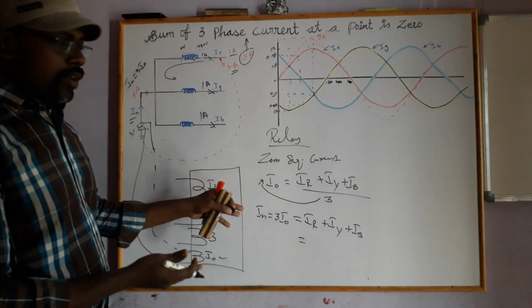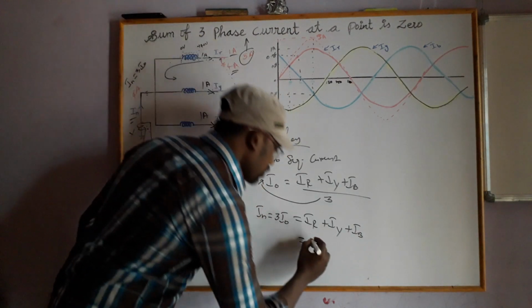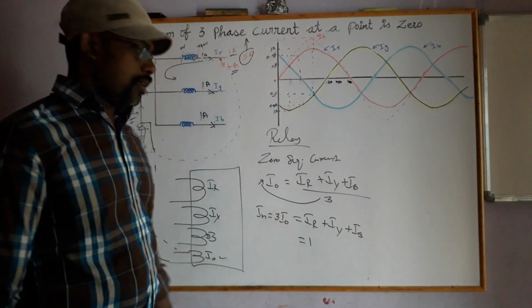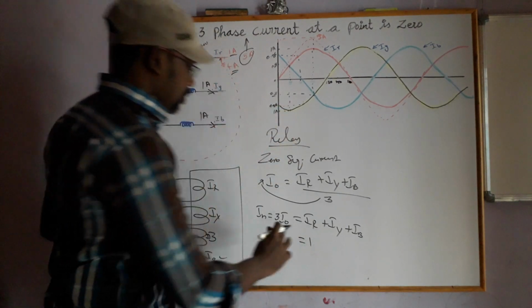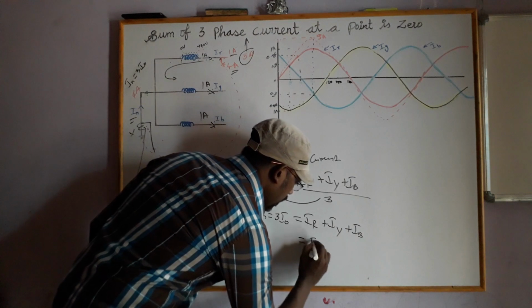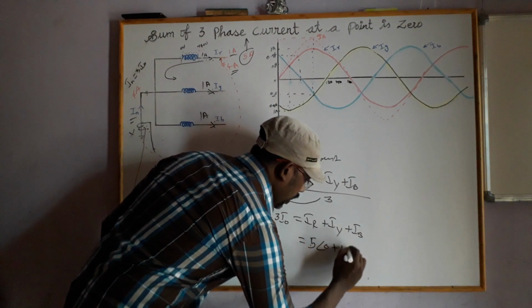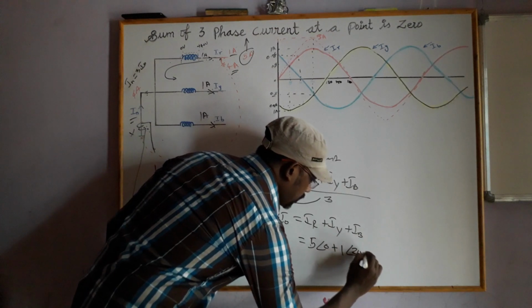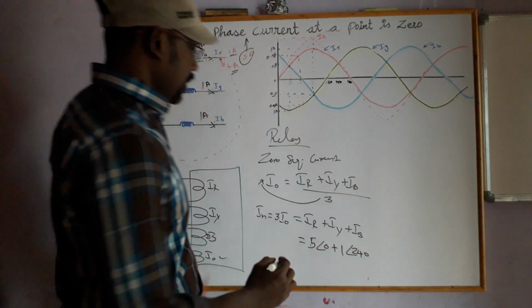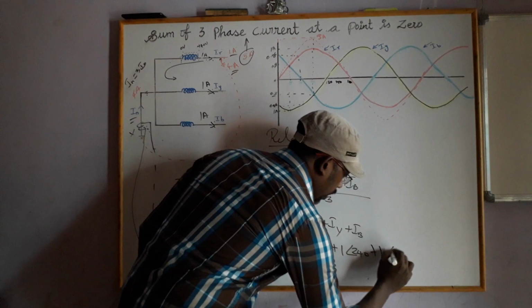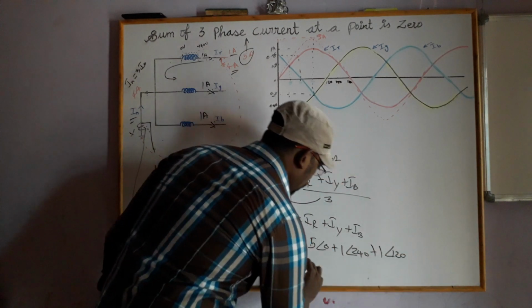The relay will add them with angle. For IR, it is 5 amps and the angle of IR is 0 degrees. IY is 1 amp, angle is 240. IB is 1 amp, angle is 120.